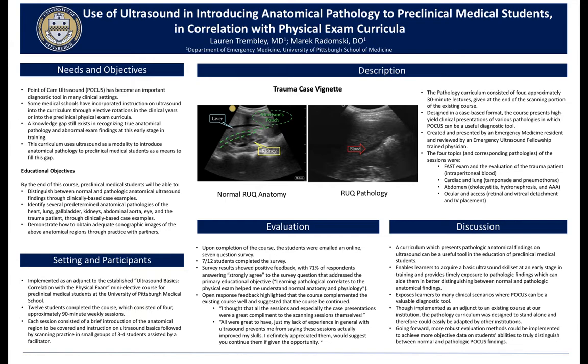For each session, the students first meet in a large group setting where they listen to a brief didactic introducing them to the basics of ultrasound and the anatomical region covered in that session. They then break off into small groups of 3 to 4 students and practice scanning the correlating anatomical region on ultrasound with a facilitator.